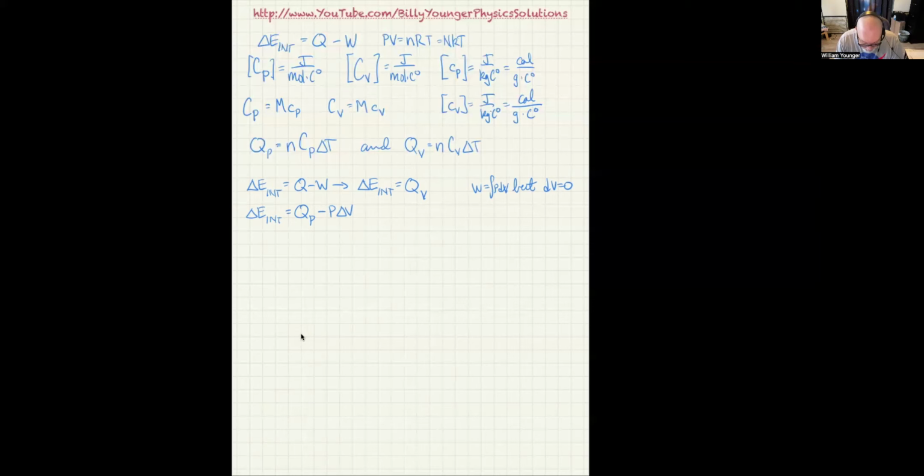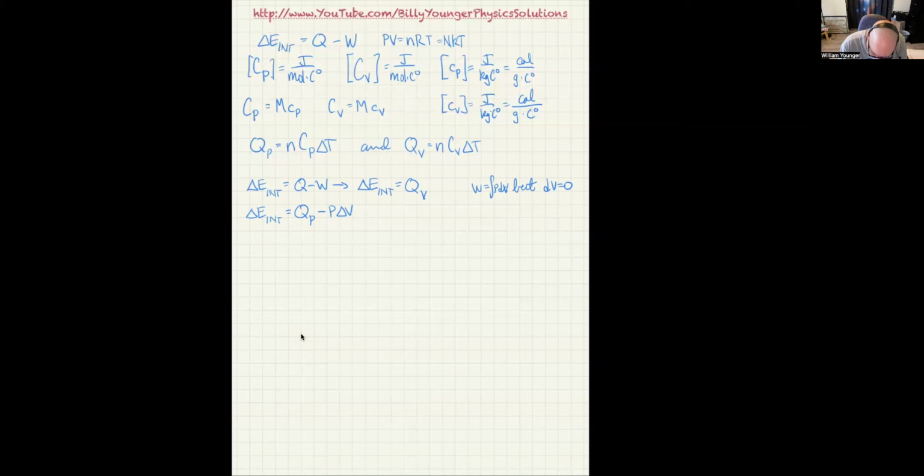Now, in both of these cases, we have the internal energy being equal to the same thing. So we can, in principle, equate them and remove them as necessary. So what we're going to do is calculate what Q_P is in terms of Q_V.